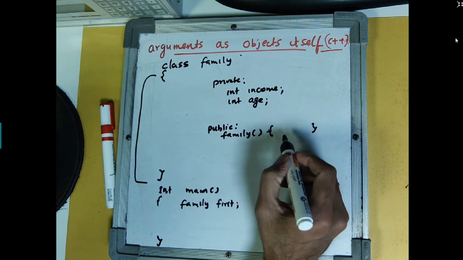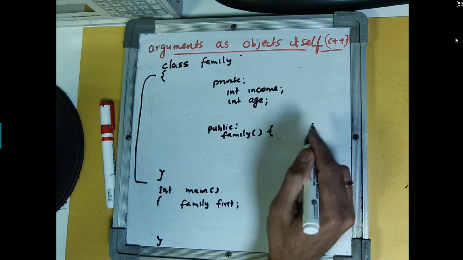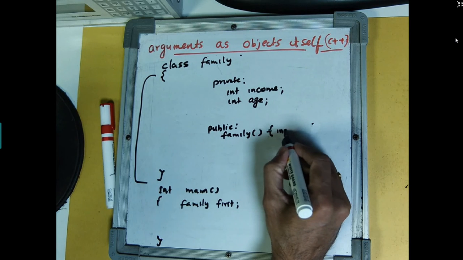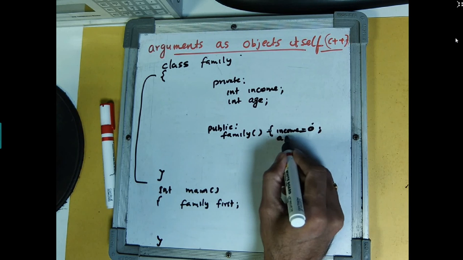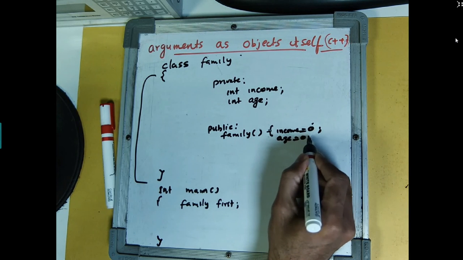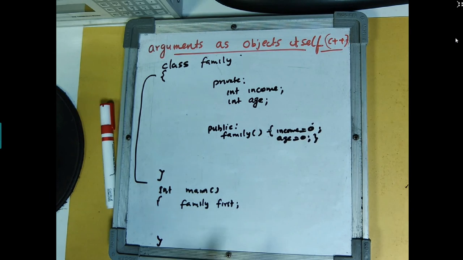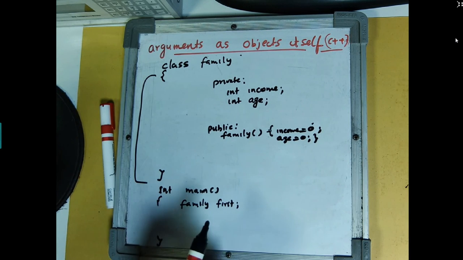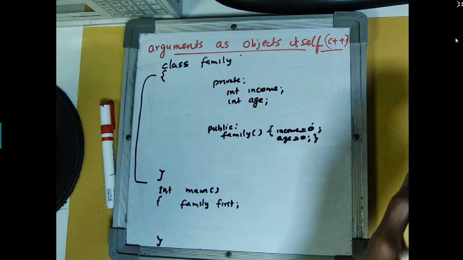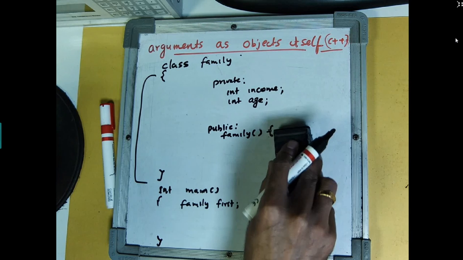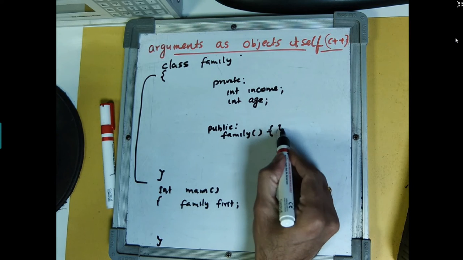Now we can initialize income is equal to 0 and age is equal to 0. This is what we were doing, remember. If you don't want to write anything in the default constructor, that's also fine.